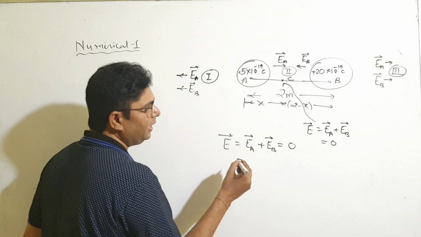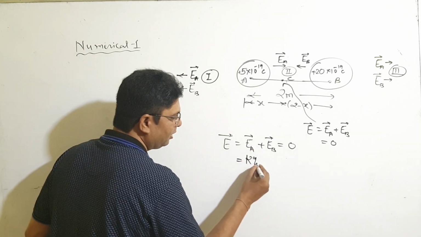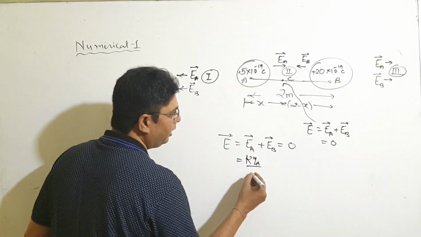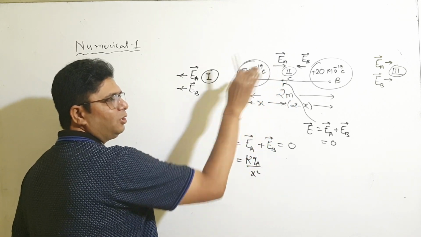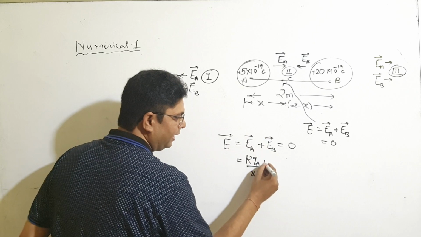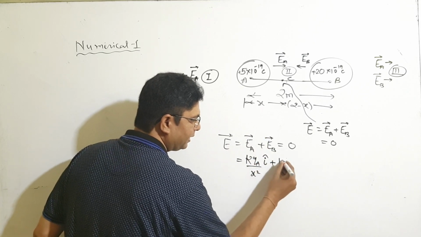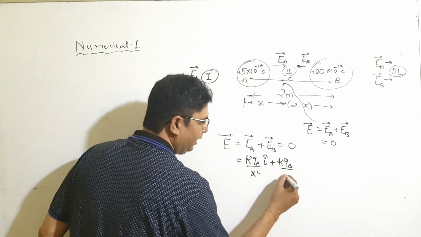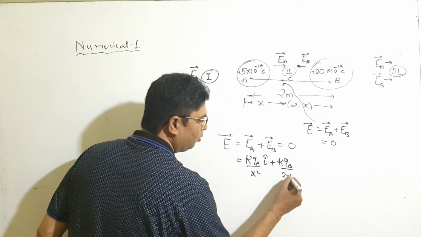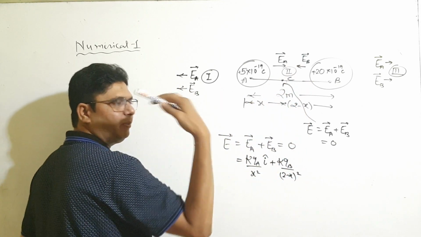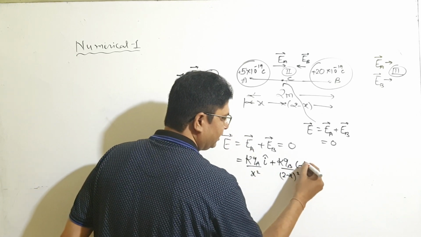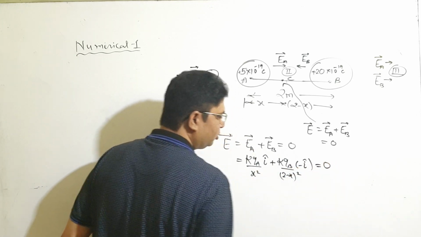So what is EA? EA is k QA upon x square, and direction of EA is towards positive x-axis, so write here i cap, plus k QB upon 2 minus x whole square, and direction of EB is towards negative x-axis, so write here minus i cap, equals 0.